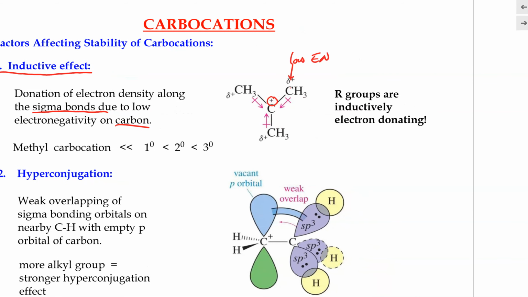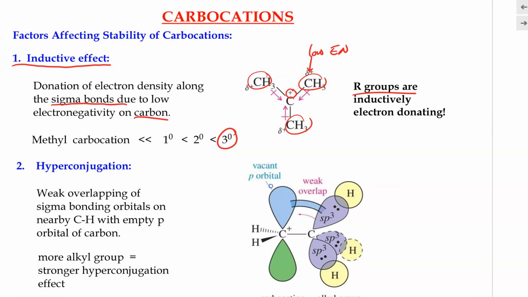So with this being said, the more alkyl groups that are connected to a carbocation, the more this carbocation will be stabilized due to the electron donating effects from the different alkyl groups. And this is why we have the tertiary carbocation being more stable than secondary and then primary and so on. So that is the inductive effect.